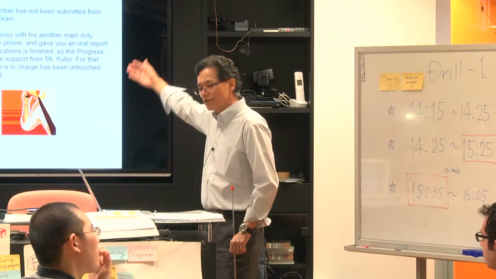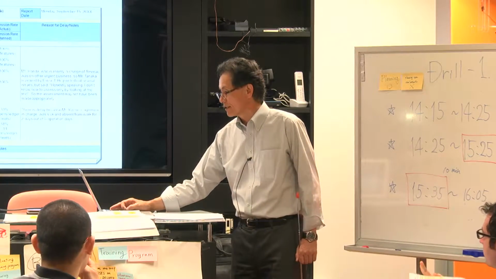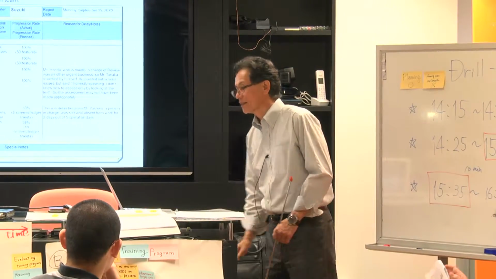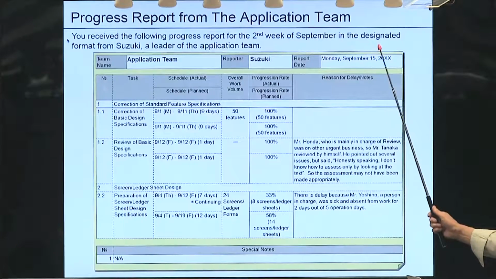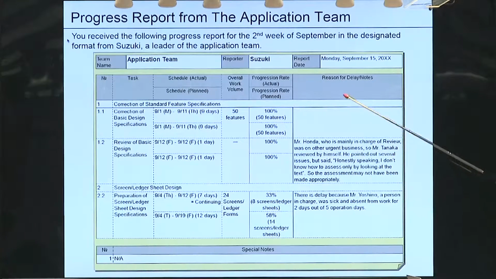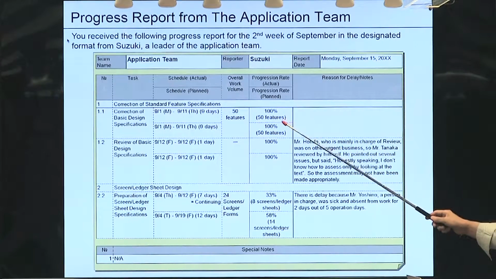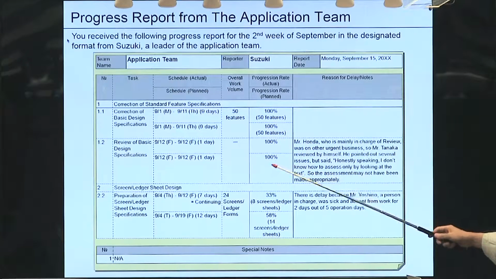So you have time to read through this letter. And this is a progress report from application team, not operation, application. So week 2, 15 September, progress rate 100, 100, 100, 100. And you can look at some comments here.